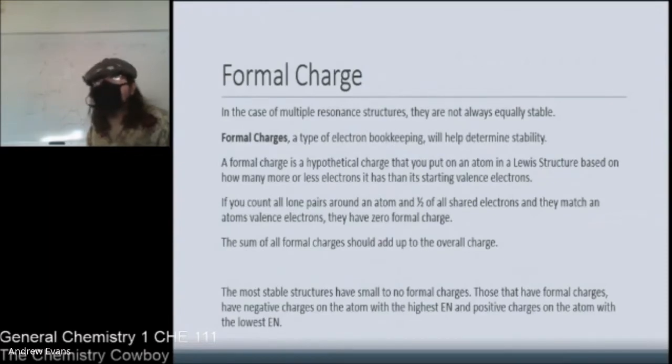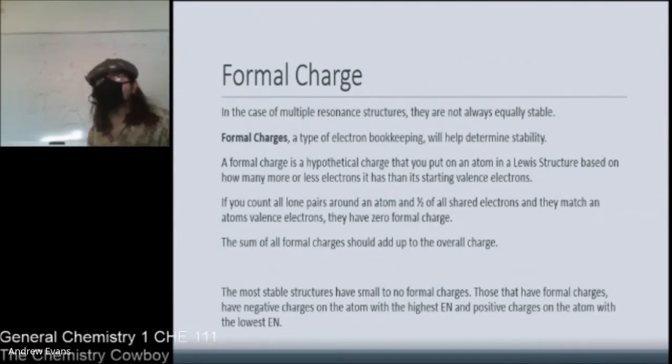We're going to count how many electrons seem to be coming from the atoms, and how many electrons they should typically have. Carbon, for example, has 4 valence electrons. If carbon is making 4 bonds, it has all 4 of its valence electrons.